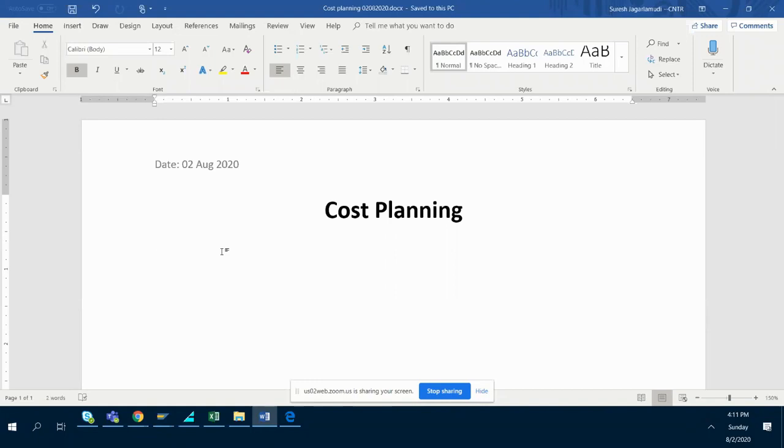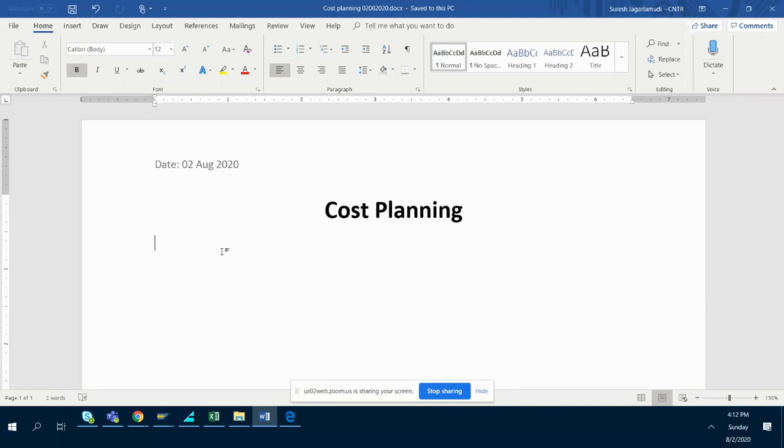If you fix the timeline, the cost may go up and you can reduce the number of resources. If you increase the number of resources, your cost may come down because of some other factors. So there is an indirect proportion between cost and the other factors.